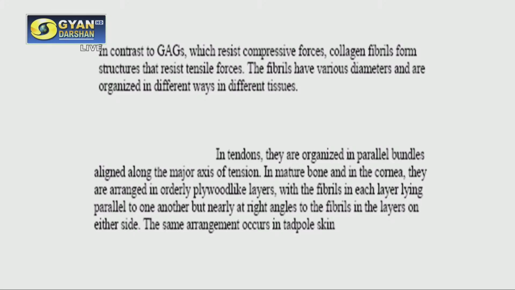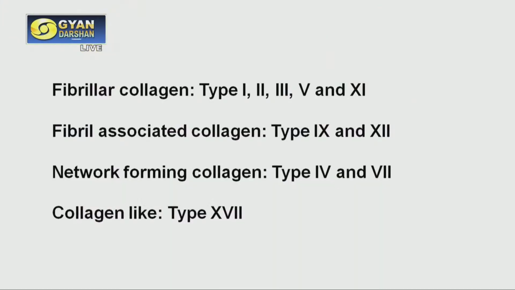So again, these collagen molecules are present in different types of tissues like tendons, bone, cornea, etc. I just present the summary: fibrillar collagen types 1, 2, 3, 5, 11; fibril-associated collagen type 9 and type 12; network-forming collagen types 4 and 7; and type 17.